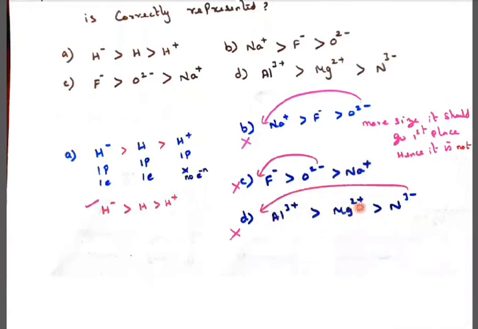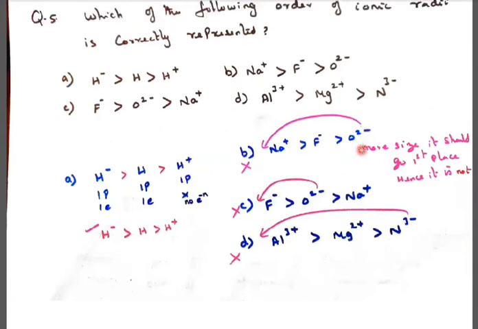Next, Al3+, Mg2+, and N3- should come here. So these three options are wrong because the minus ion only will have more atomic radii or ionic radii. If it is 2 minus or 3 minus, 4 minus, we should see: when you compare to minus 1 and 2 minus, 2 minus will have a greater size than the 1 minus.